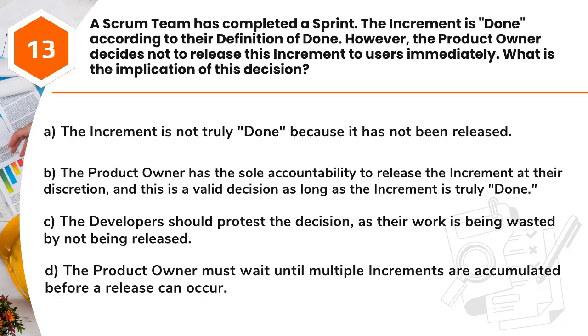B. The product owner has the sole accountability to release the increment at their discretion, and this is a valid decision as long as the increment is truly done. C. The developers should protest the decision, as their work is being wasted by not being released. D. The product owner must wait until multiple increments are accumulated before a release can occur.